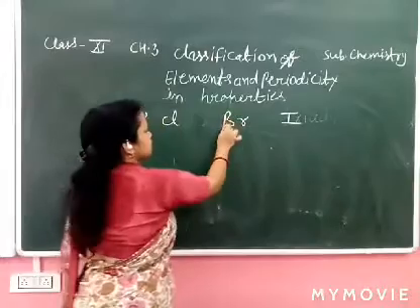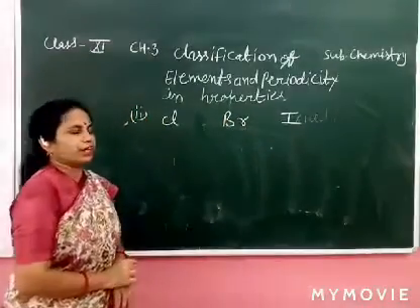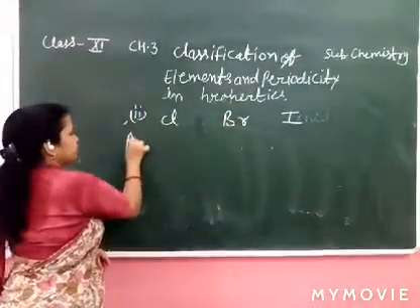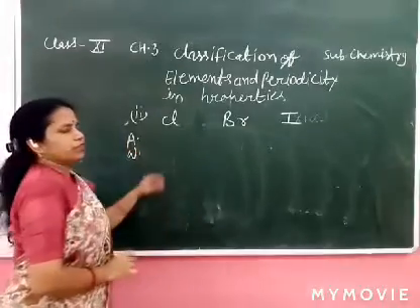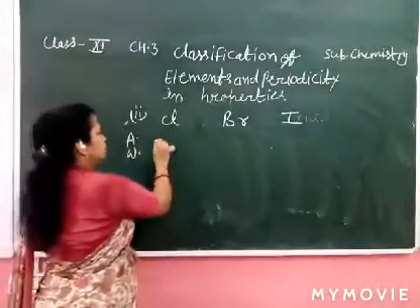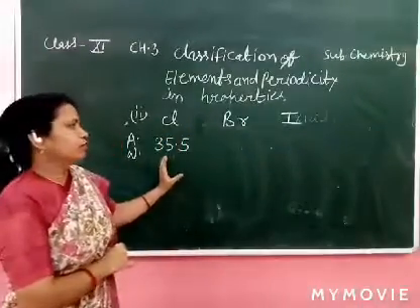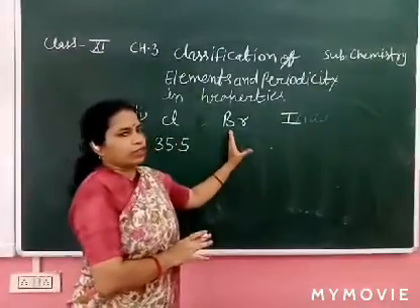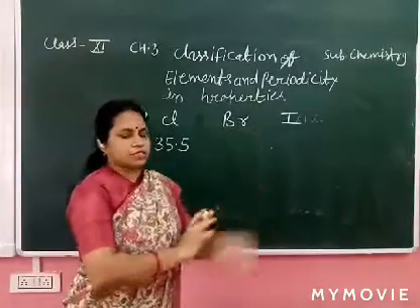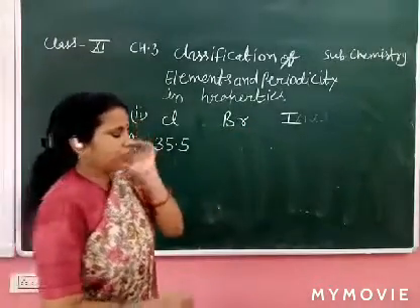These are the symbols. What is the atomic weight? We have to learn the atomic weights. Chlorine 35.5. We want to calculate the atomic weight of bromine. What is the atomic weight of iodine? 127.